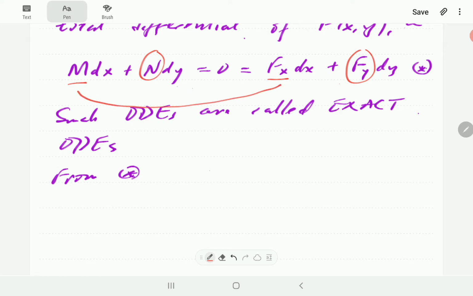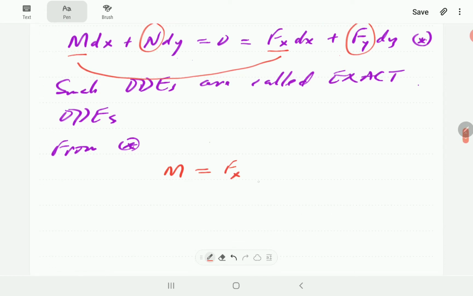So this must be equal to that, and that must be equal to that. So what that equation is implying is that m is equal to fx, and n is equal to fy. Remember, m is known, n is known, f is the unknown.